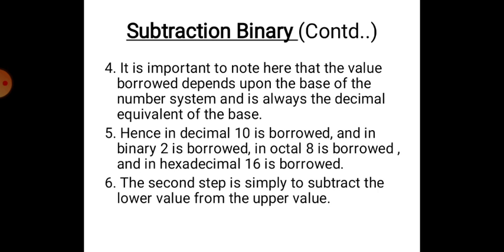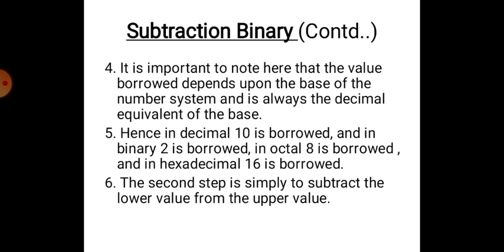If you borrow a unit 1, you are borrowing the same number as that of the base. For example, point number 5, hence in decimal 10 is borrowed, in binary 2 is borrowed, in octal 8 is borrowed, and in hexadecimal 16 is borrowed. Why? Because these are the bases of those number systems.